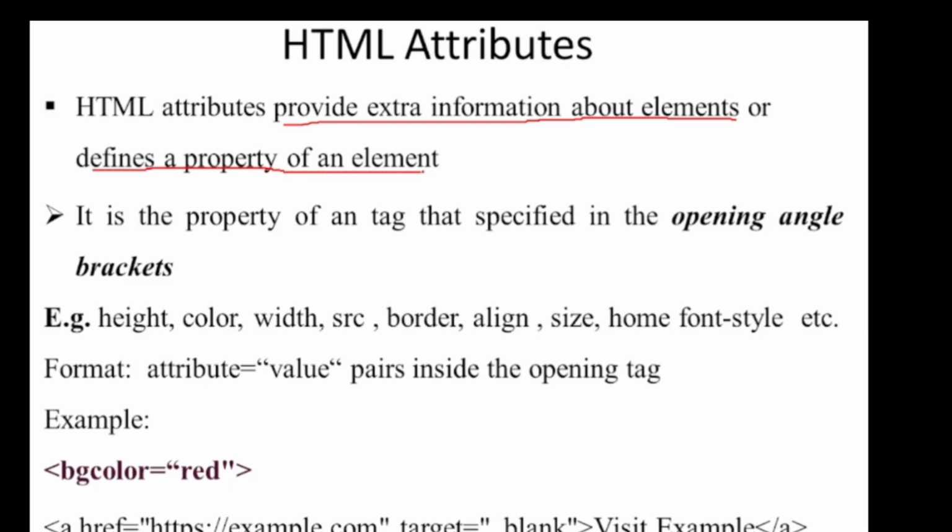What the element looks like. What the color. What the size. What the height. So example of attribute, you can say height, color, width, source, border, align, size, font style, etc. These are what we call an attribute.